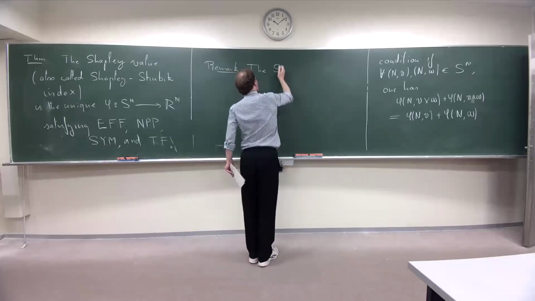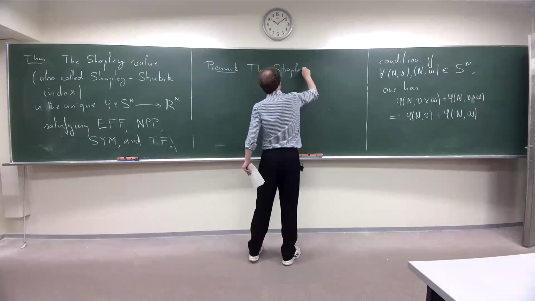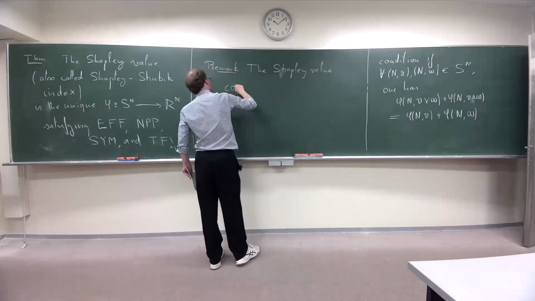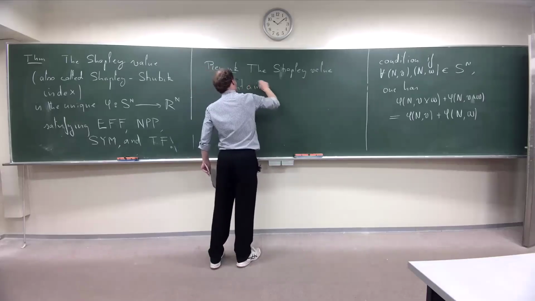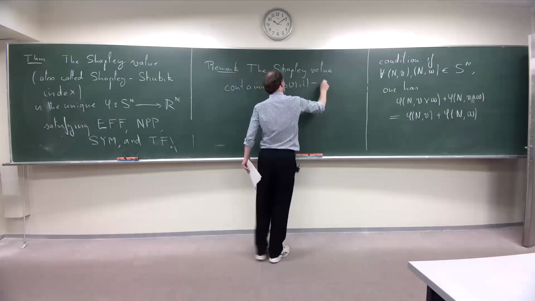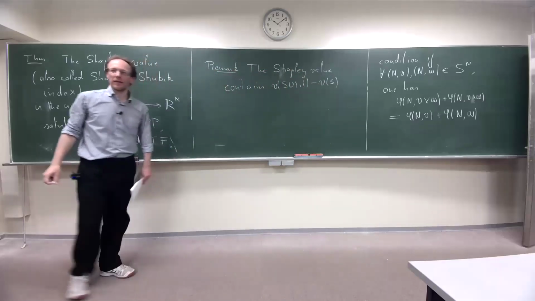When you compute the Shapley value, it contains a certain expression, V of S union I minus V of S. It contains many expressions like this.